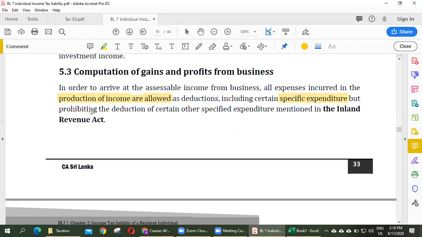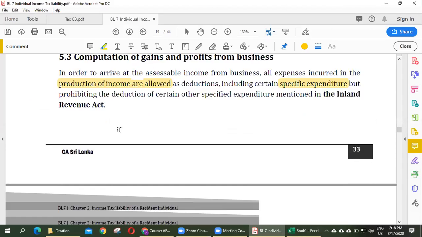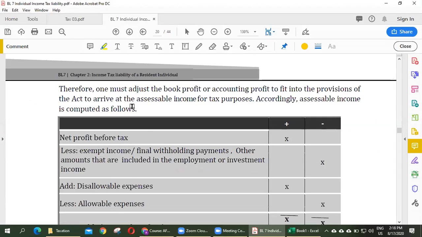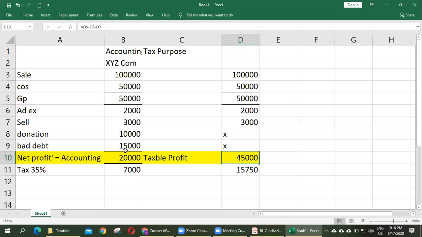But the Revenue Act prohibits the deduction of certain other specific expenditures. So one must adjust the book profit or accounting profit.